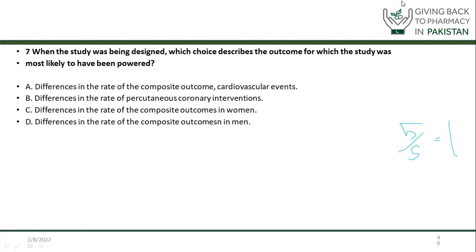So how can we increase the power? The answer is A, differences in the rate of composite outcome of cardiovascular events. So how much is the composite outcome and how much are the cardiovascular events?